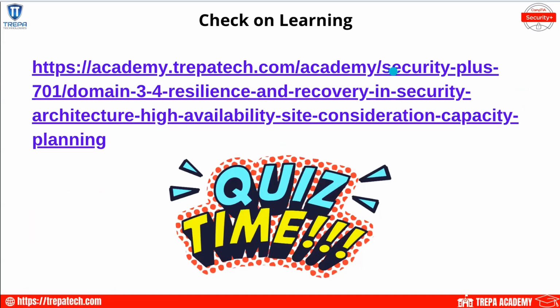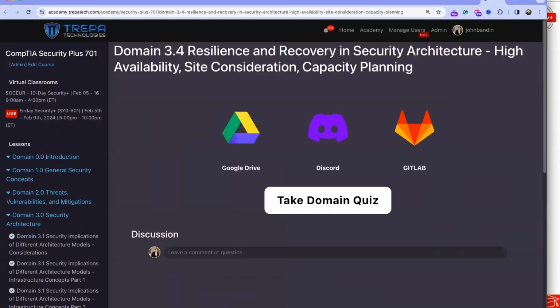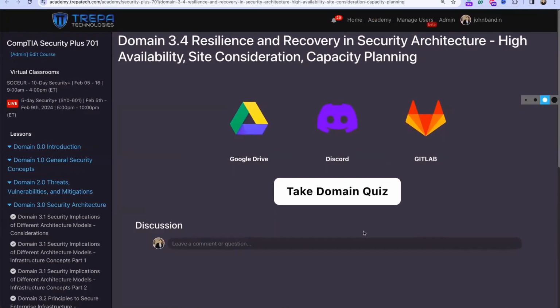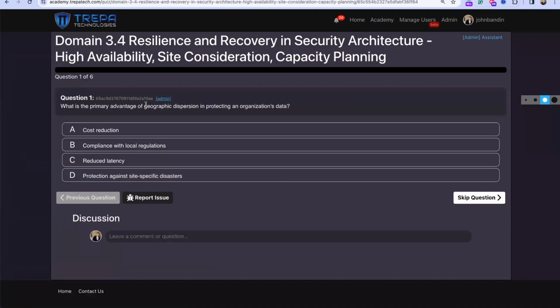Okay, let's go ahead and do our check on learning. Question 1. What is the primary advantage of geographic dispersion in protecting an organization's data? So A, cost reduction.